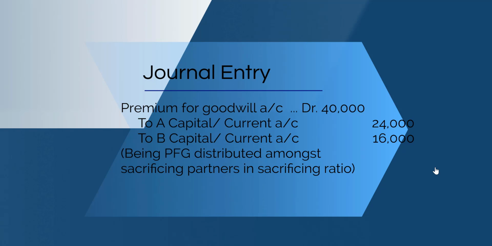So the journal entry for the same: premium for goodwill account debit rupees 40,000 to A's capital or current account rupees 24,000, to B's capital or current account rupees 16,000. Narration: being the premium for goodwill distributed amongst the sacrificing partners in the sacrificing ratio.